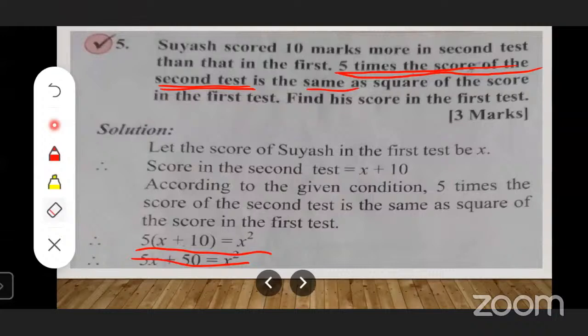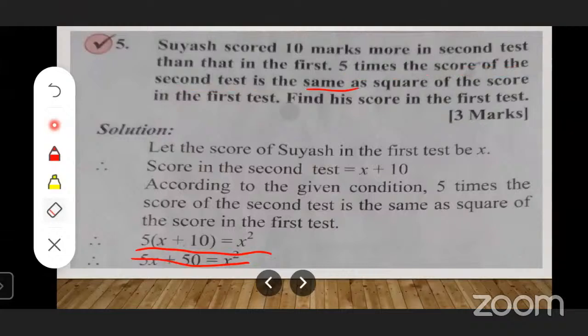Once you get the standard form, you can solve this quadratic equation by any convenient method and find the solution of the equation. That solution is exactly what you want in that particular sum.